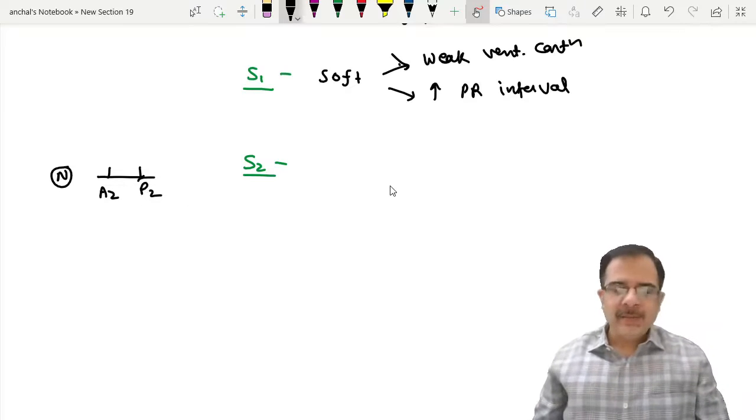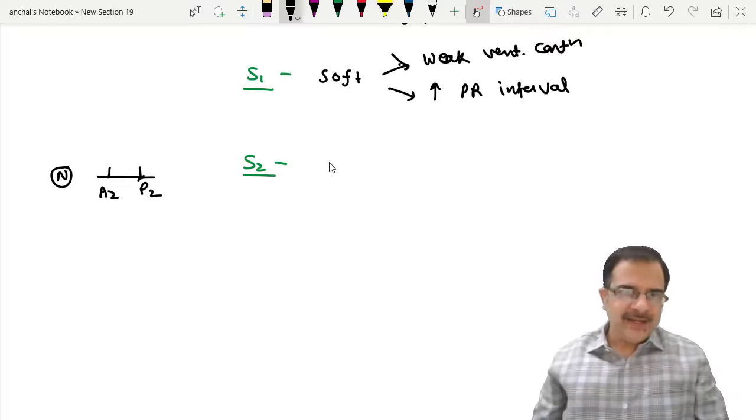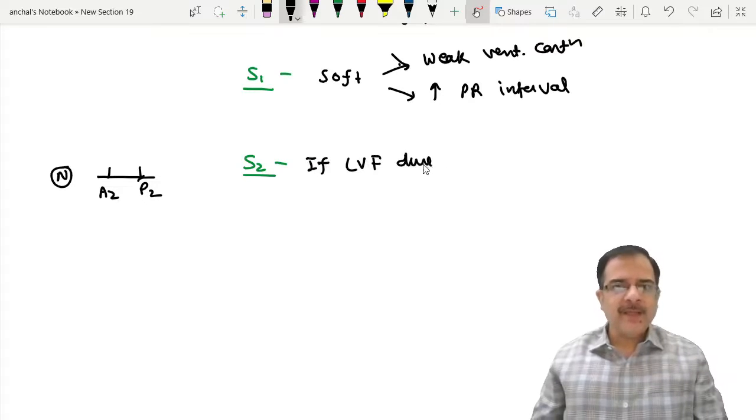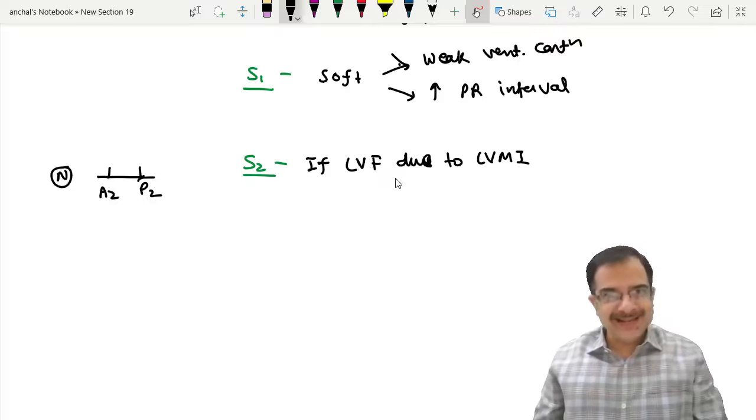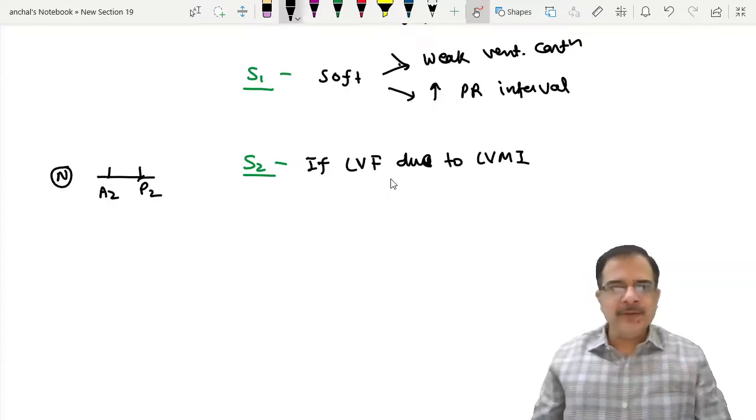So what will happen if a particular wall MI is present? If there is left ventricle failure due to LVMI, the ejection time of the left ventricle will increase, and A2 will be late.